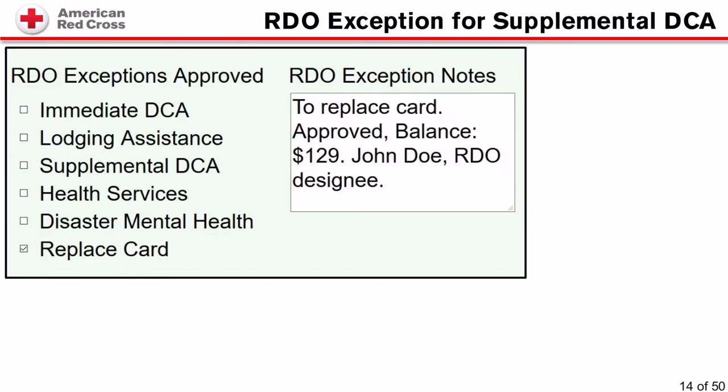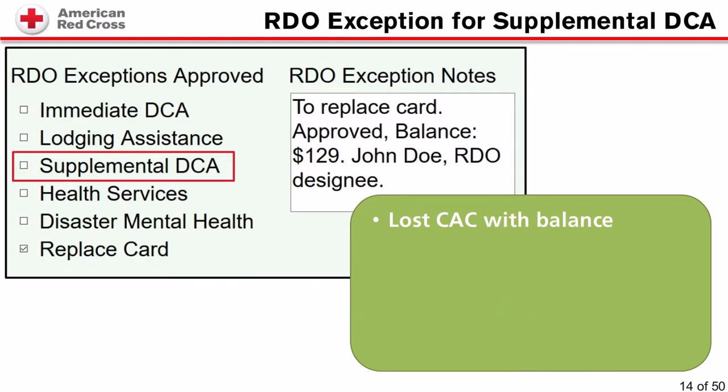There are circumstances that will require a RDO exception when you are recommending supplemental DCA. You could request approval for a variety of reasons. Understand that the decision is up to the RDO or the designee. You may request a RDO exception approval for supplemental DCA if a client lost the CAC that still has a balance and you need to add supplemental DCA to the account.